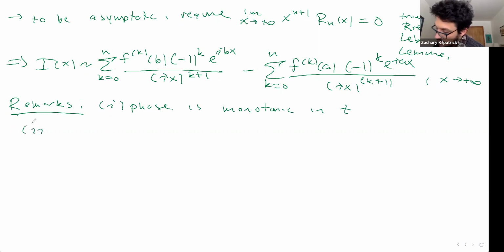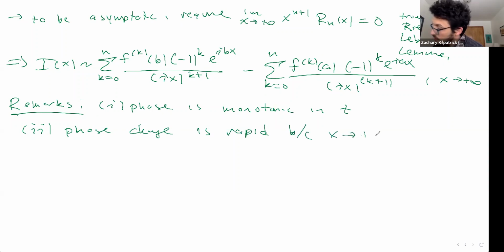Second, the phase change is rapid, and this is key to these Fourier integral approximation approaches in order to get these cancellation effects.